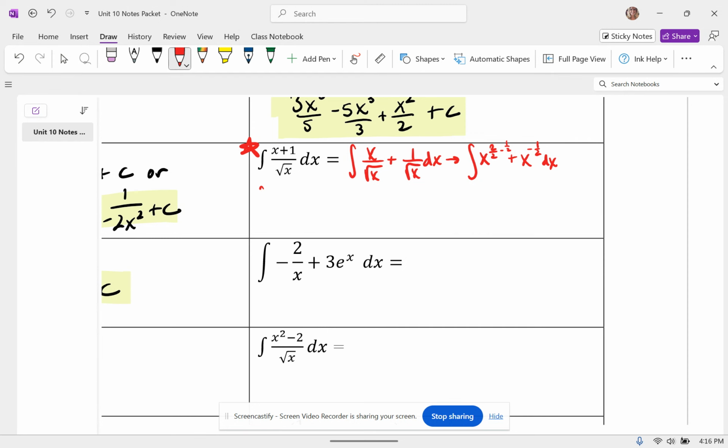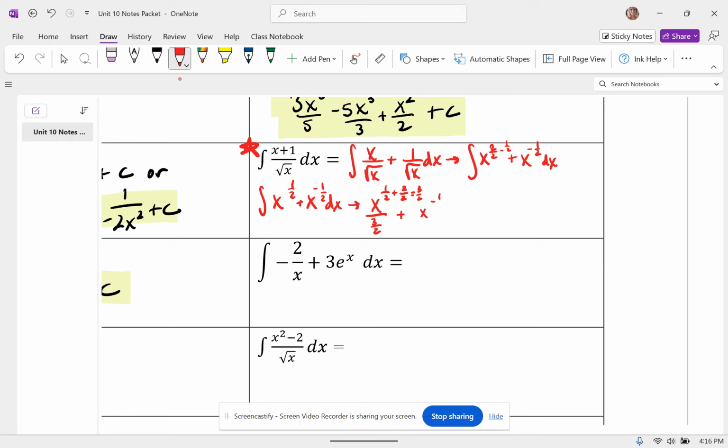So our starting integral is now going to be, 2 minus 1 is 1, so I have x to the 1/2 plus x to the negative 1/2 dx, and now I begin integrating. I take the first piece and I have 1/2 plus 2 over 2, that's going to give me 3 over 2, and then I will divide by the new exponent.